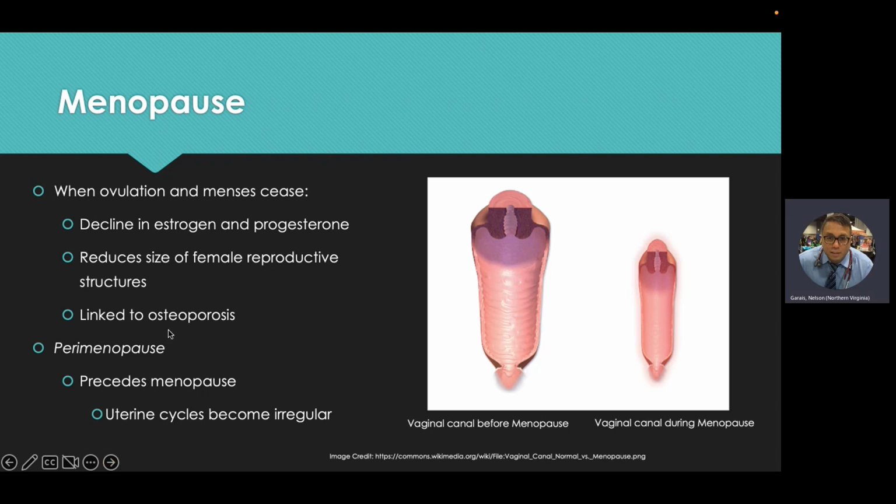What happens after menopause? Of course, a whole bunch of things decrease, because do you need estrogen and progesterone in your life anymore? Nope, because you either had your children or don't want to have your children. All female reproductive structures are going to get smaller because you don't need them. And it's linked to osteoporosis, because remember we talked about the mammary glands? Mammary glands make milk.